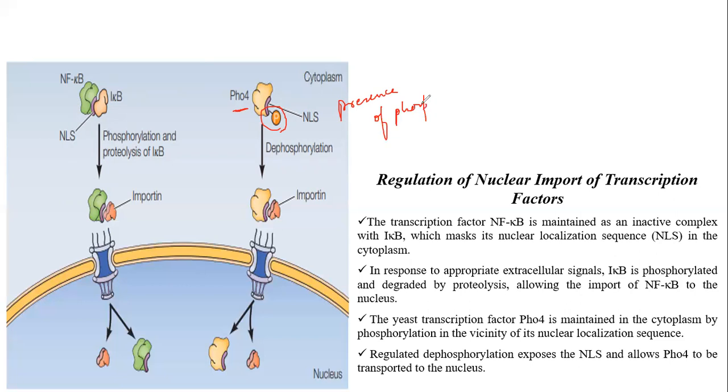It is hindering the association between the Pho4 and the importin. So here we need the regulation that dephosphorylation should happen. Once the phosphate group is removed, the NLS is easily accessible to the importin protein. So it goes and binds and brings the transcription factor into the nucleus.